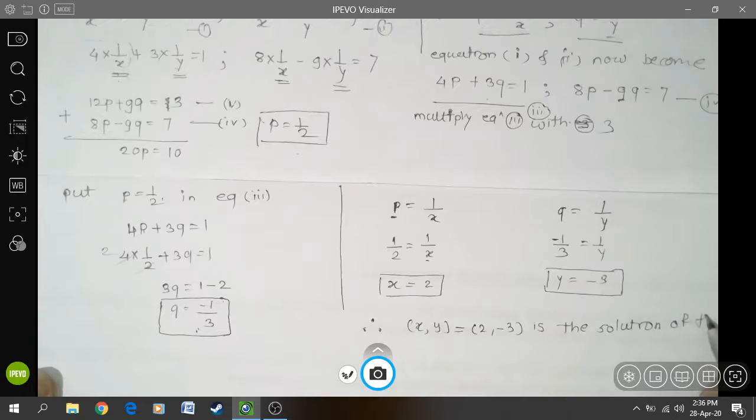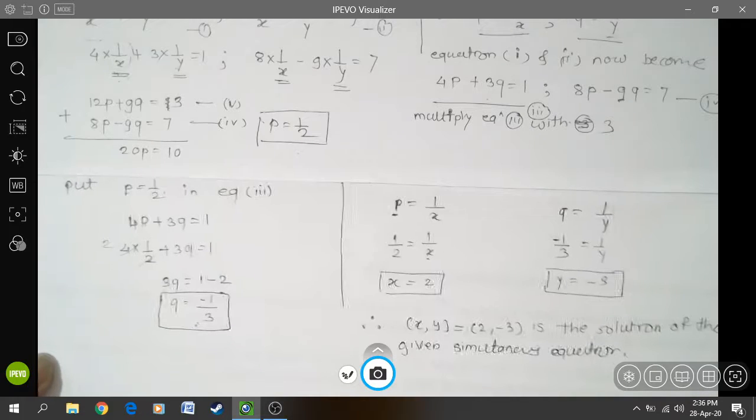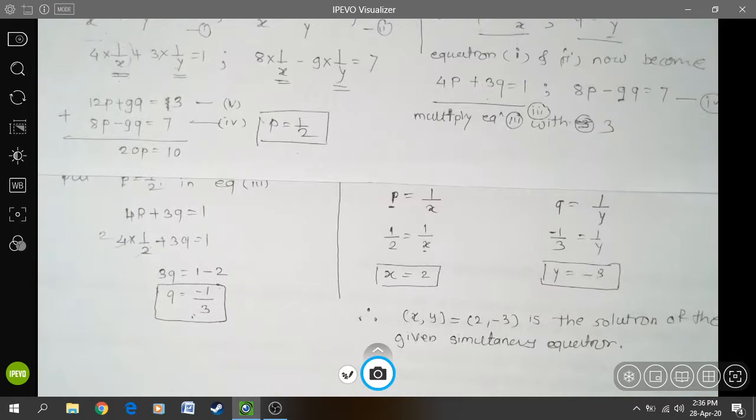is the solution of the given simultaneous equations. So these are the steps we required to reduce a non-linear equation to a linear equation and solve them using our linear equation solving methods.